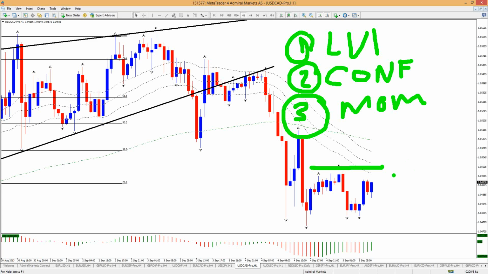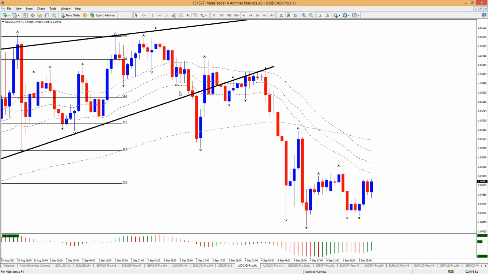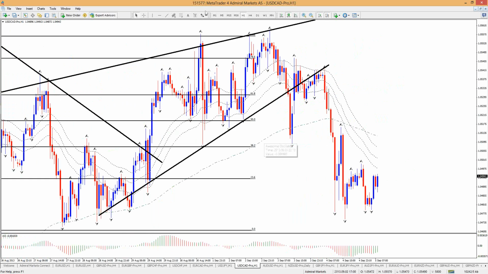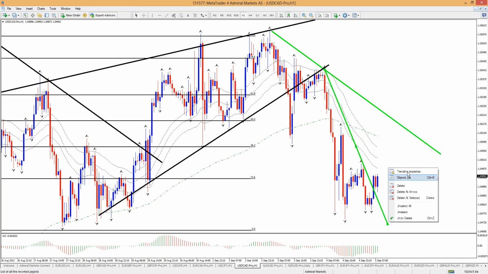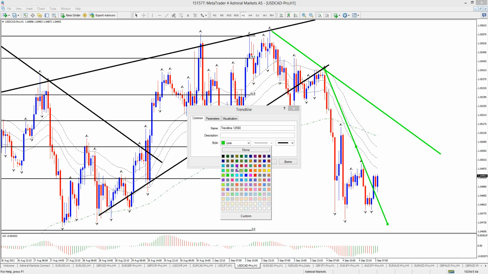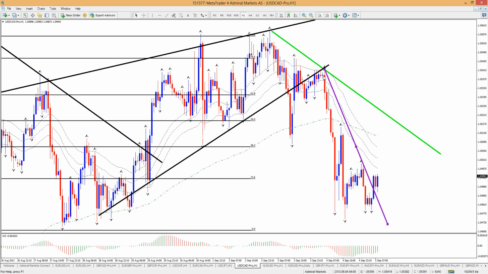Momentum trader doesn't really have a good trend line to work with the dollar CAD, in my opinion. We could put a trend line like this. We could put a trend line like this. But obviously, the latter trend line, which I'll put in purple, is, and I hope you see it too, too steep to be a real trend line.